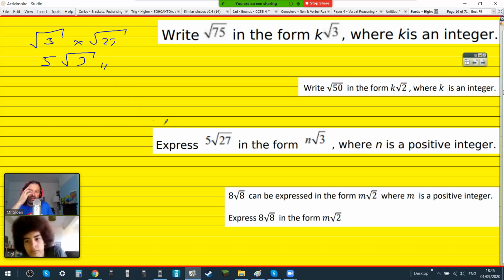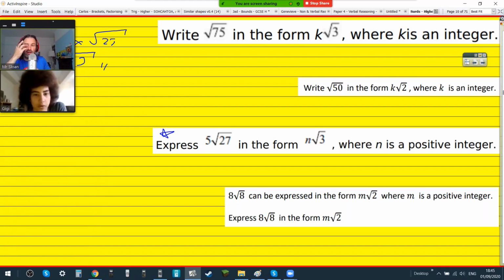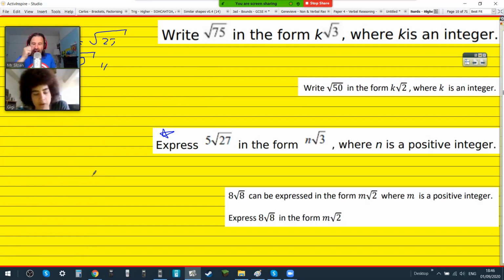And let's try the third one. All right. 5 root 27 in the form n root 3 where n is a positive integer.